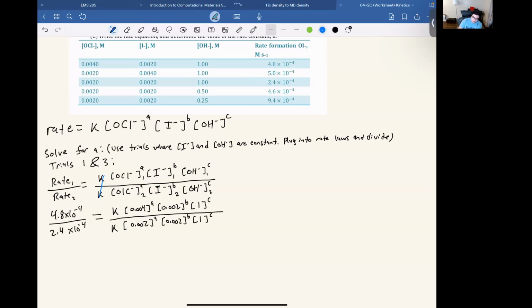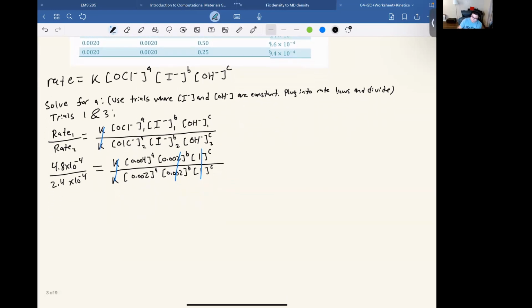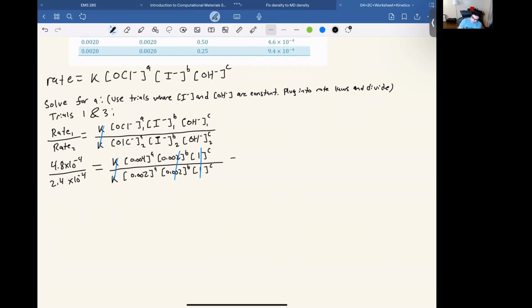Then these all cancel out, right? The K's on the top and bottom. 0.002 to the B power is on the top and the bottom. That turns into 1. 1 to the C divided by 1 to the C is 1. Also, 1 to the C is just 1. So those would have gone away anyways. Then when you do this, you're left with 0.004 to the A over 0.002 to the A. I want to make this very clear because some people get lost in here with the algebra.